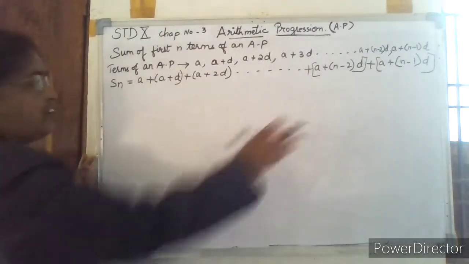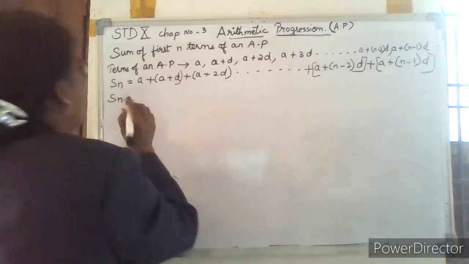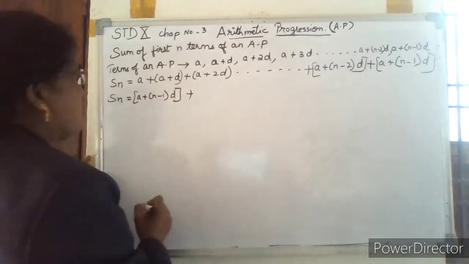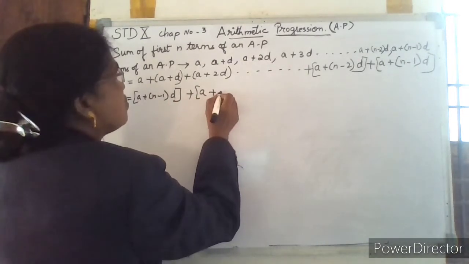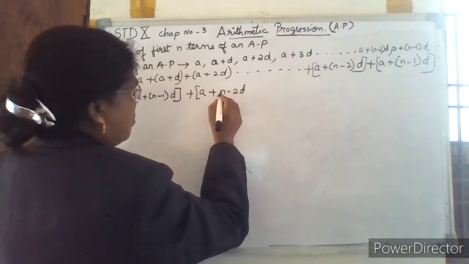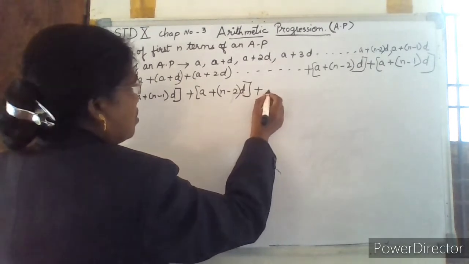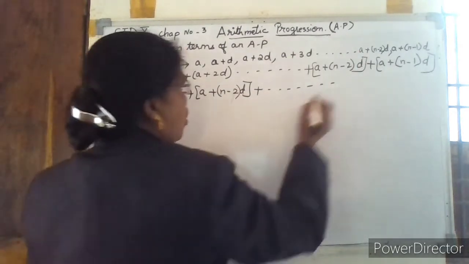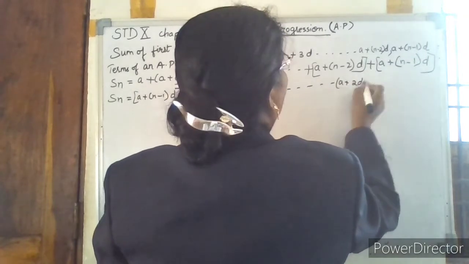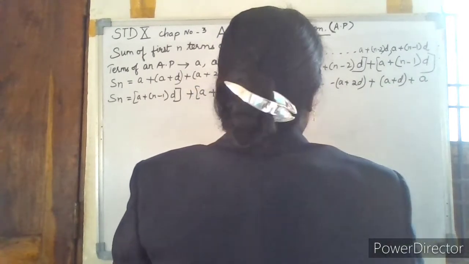So sum of n terms is also equal to, the last term I will write first, that is A plus n minus 1 into D, then plus the next one, A plus n minus 2 into D, plus, and so on, A plus 2D, then next plus A plus D, and the last is A. So I wrote this in descending order.